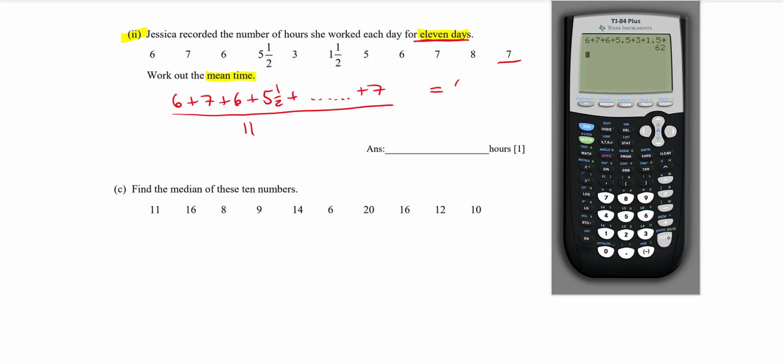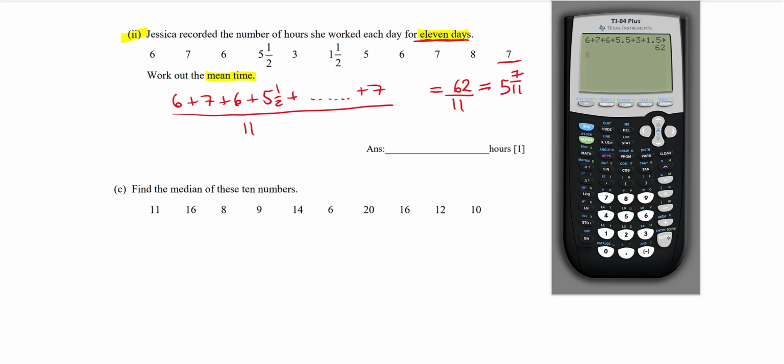So this equals then 62, and we're dividing it by the amount of numbers we had, which is 11. And we can leave our answer as a fraction if we want. We can turn this into a mixed number. So 11 goes into 62 5 times. 11 times 5 is 55, and there's 7 left over, so it'll be 5 and 7 over 11.